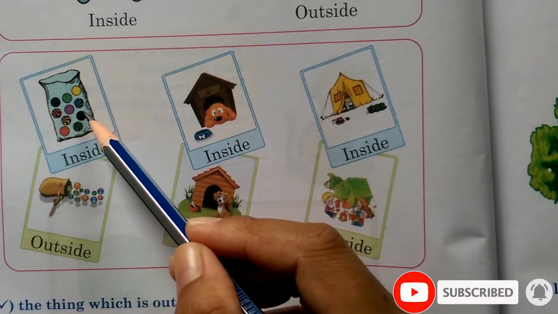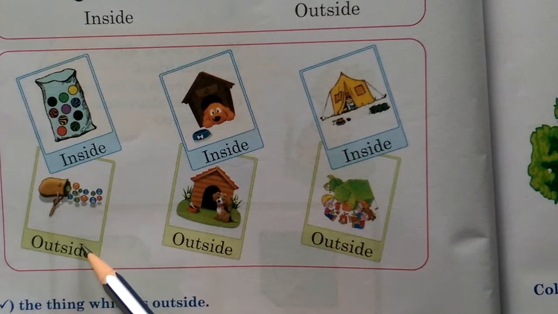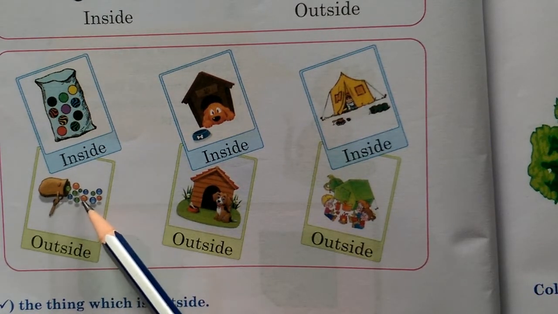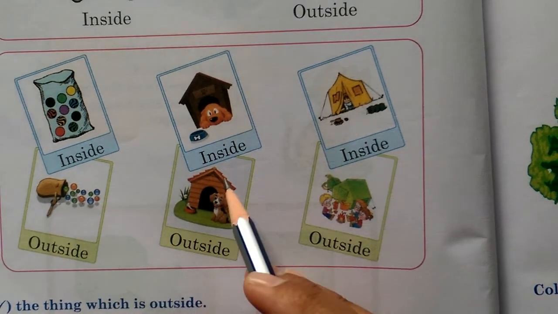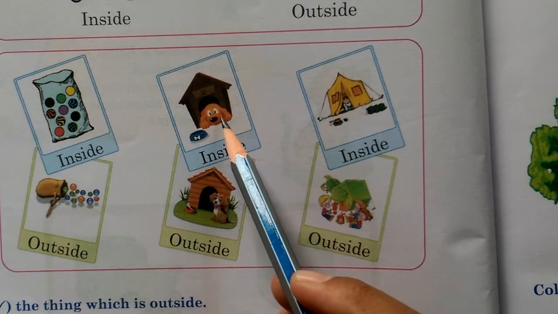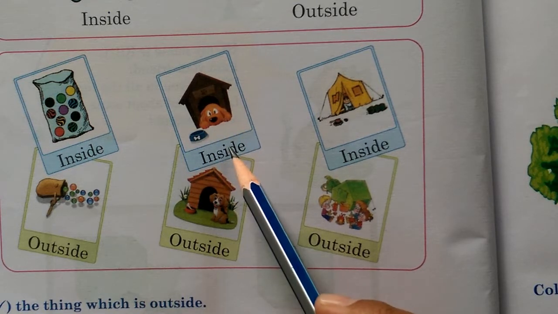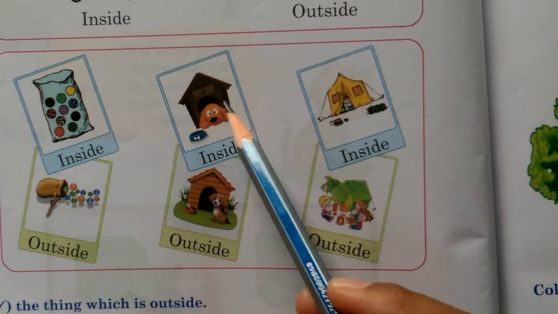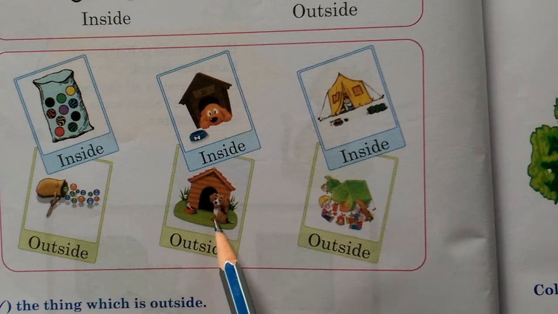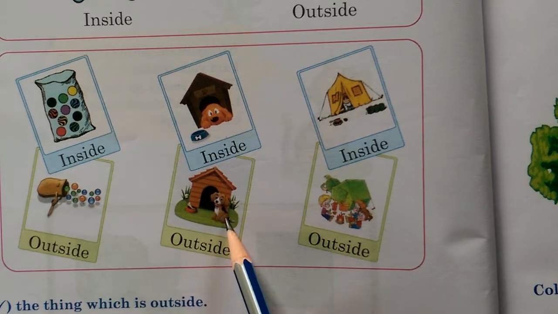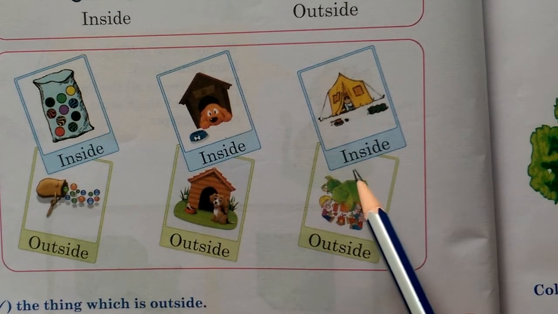All these gems are inside, and in the second picture the position of these gems is outside, right? Next, the dog is inside, right? The position of this dog is inside, and here the dog is outside of the home, so the position of this dog is outside.